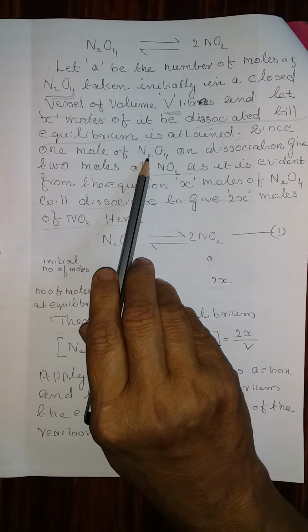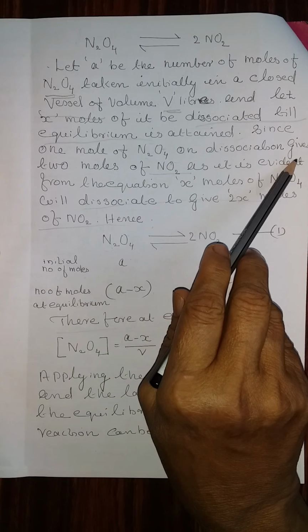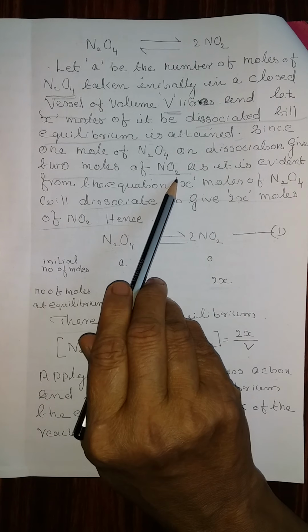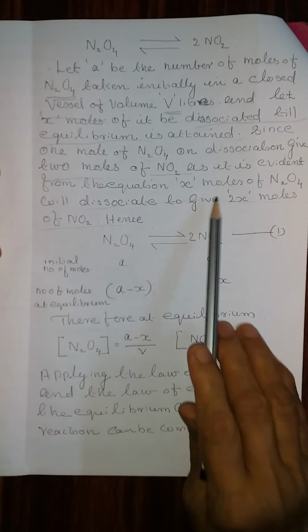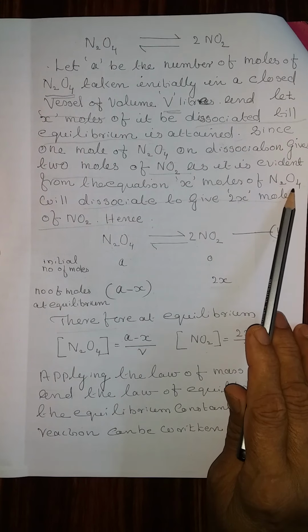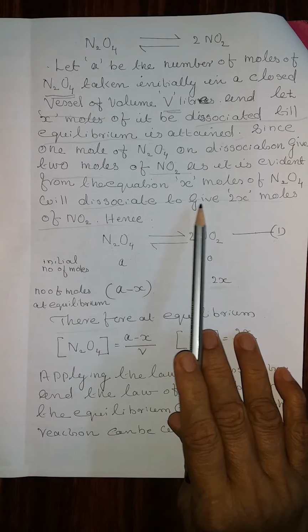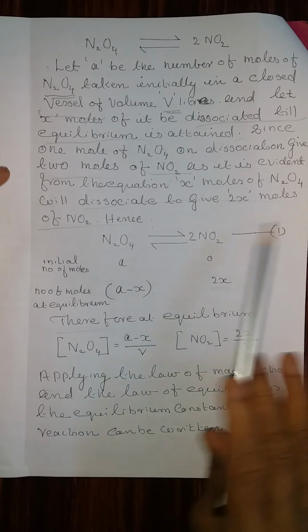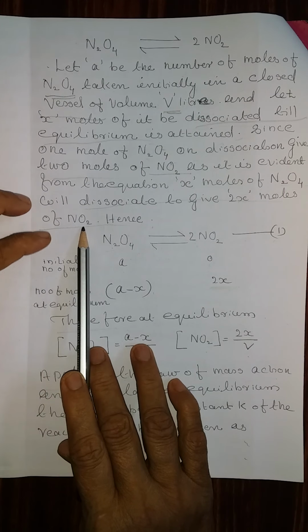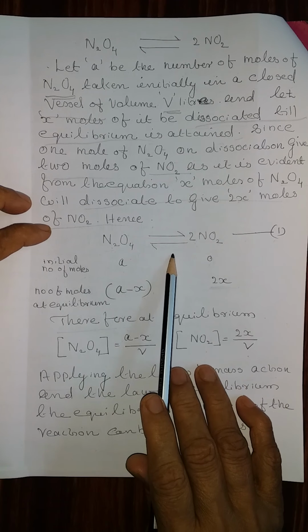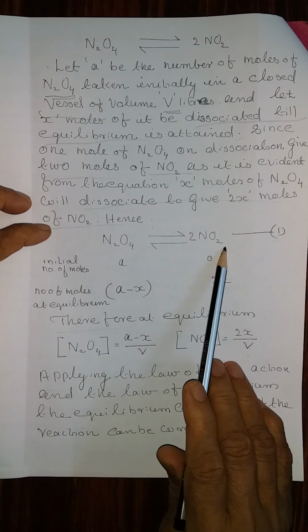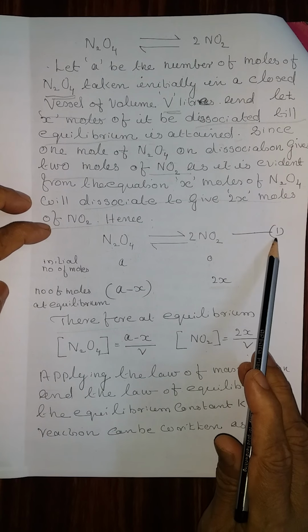Since 1 mole of N2O4 on dissociation gives 2 moles of NO2, as is evident from the equation, x moles of N2O4 will dissociate to give 2x moles of NO2. Hence, N2O4 ⇌ 2NO2 is equation number 1.